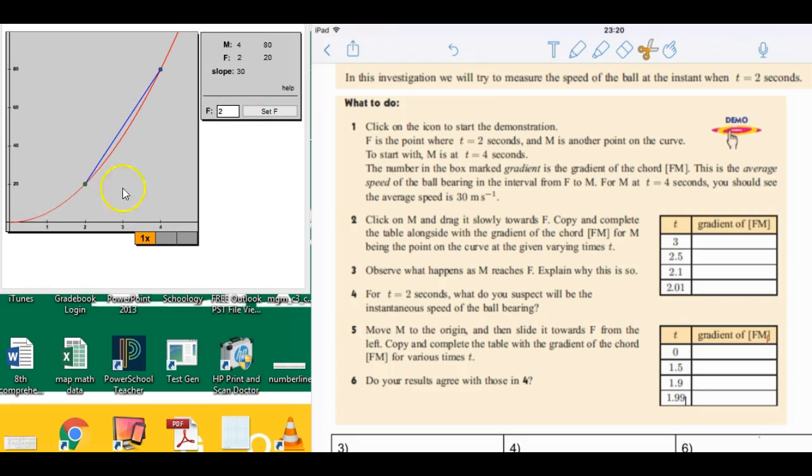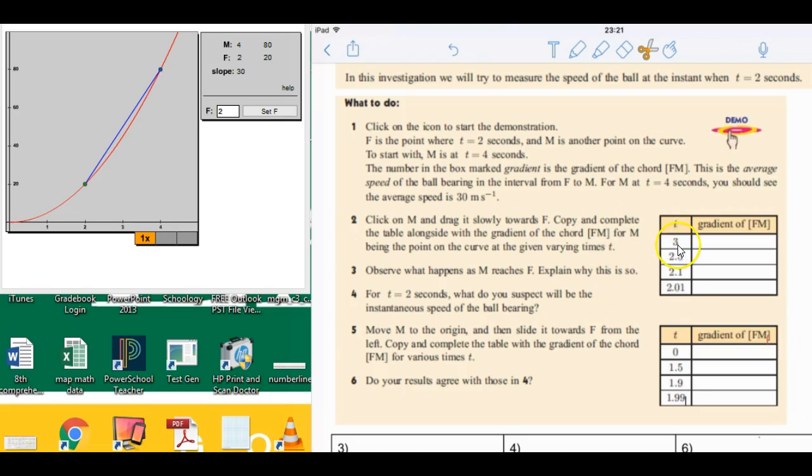So this is the parabola shown in the first graph, and we are measuring the slope between this point F and this point M. And the first thing we're going to do is take the first triangle they had going from (2, 20) to (4, 80), and figure out what the slope is there. And the manipulative here figures that out for us. Do you see it already says slope 30, which we calculated by hand before? Okay, so we got that measurement.